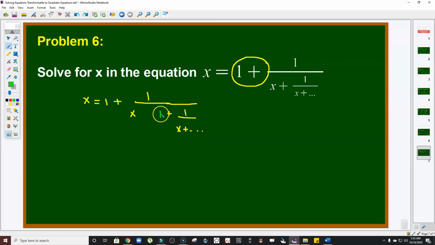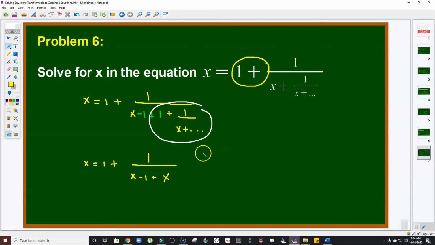But take note, if I add 1, I should also subtract 1. So, in other words, it's like adding 0. You're not changing anything. You're not changing the value of the expression. See that? Okay, so with that, what I'm going to have here is x equals 1 plus 1 over x minus 1. Then this entire thing here is equal to x.